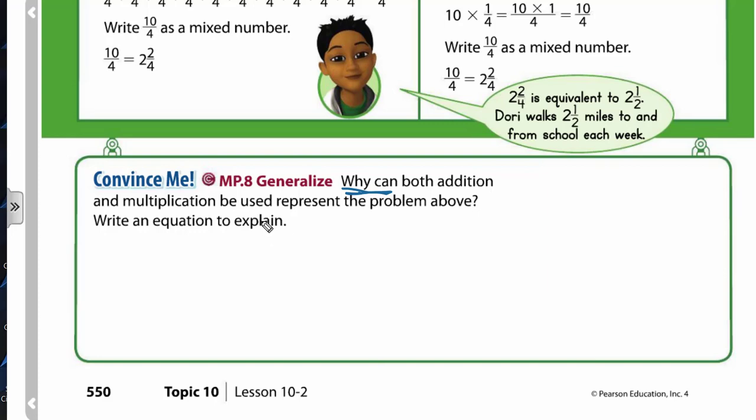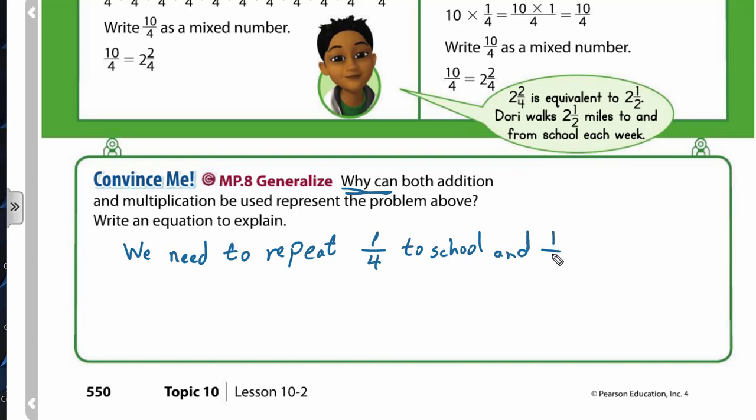So the reason we are repeating is that we need to repeat 1/4 to school and 1/4 from school for 5 days.